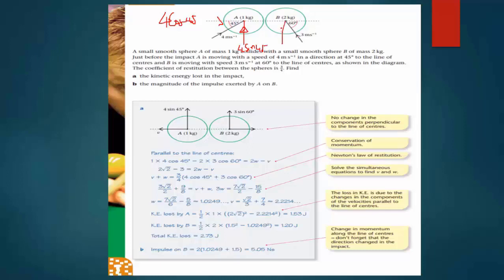Ukiresolve hapo ukileta huku inaangalia juu inakuwa ni 3 sin 60. Ukiresolve ukaleta hapo inageukia that direction, inakuwa ni 3 cos 60 kwa sababu ina cut across.